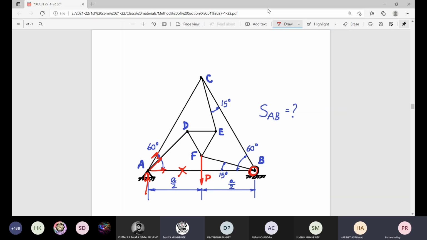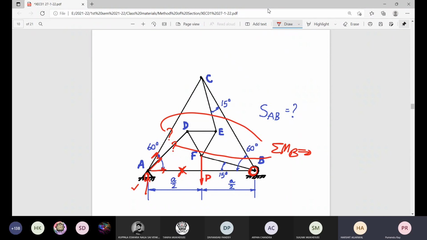In that equation, there will be no contribution from AB, but there will be contribution from these two member forces, SAC and SAD. This is known, but that equation will get contribution from these two unknowns. So one equation and two unknowns.